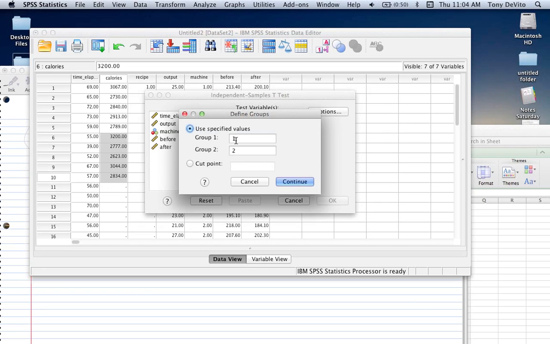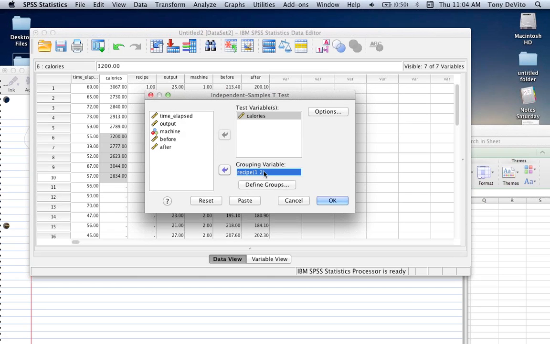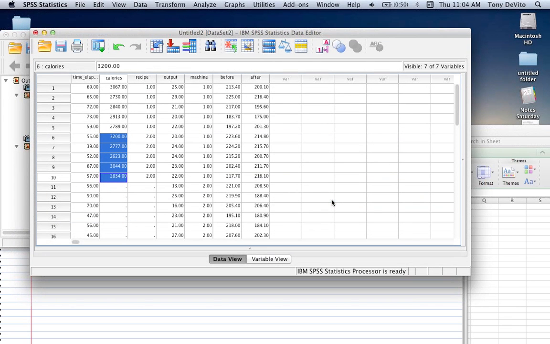Well, I know I defined it as number one and number two. If those are blank, you'd have to fill those in. Okay, so I'm going to compare those two groups, recipe one group versus recipe two group, to one another. I'm going to click OK. So my null hypothesis is that the average calorie count is the same. My alternative hypothesis is that the average calorie counts are different.